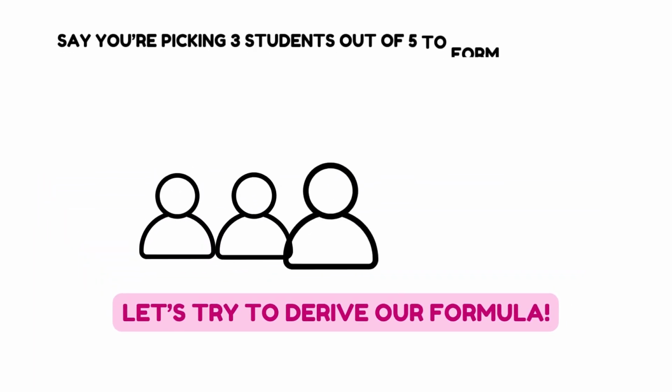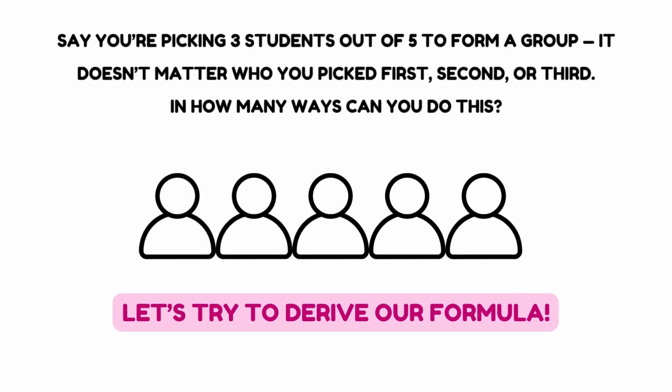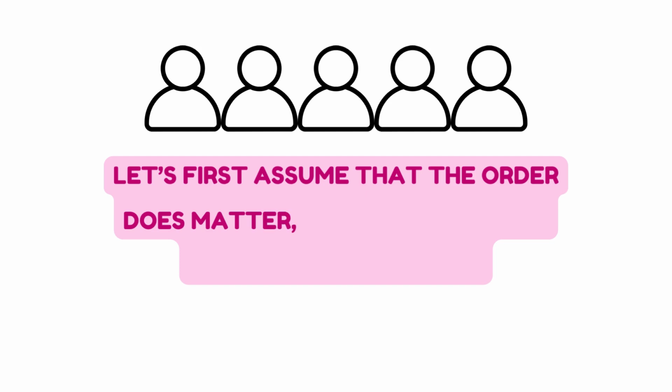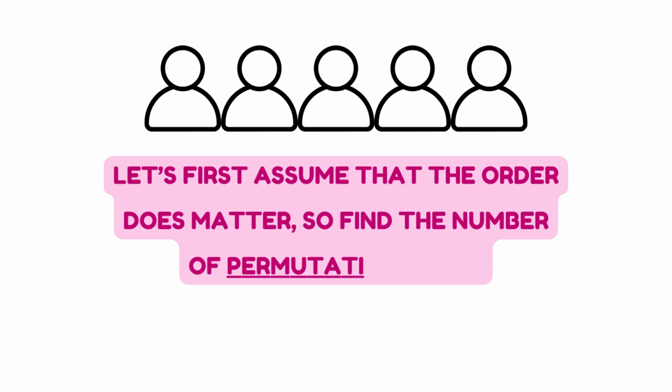Let's get into it. So let's look back at this question, and let's first assume that the order does matter. So let's find the number of permutations. Permutations is really finding the number of combinations, but also taking into account that people can be placed first, second, and third.